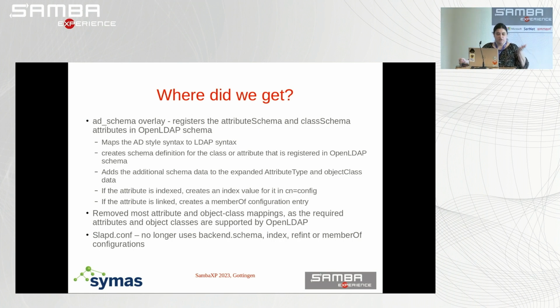It's all contained in CN=schema, so it gets it as a class object, and it creates a proper schema definition for OpenLDAP and registers it. So essentially, during provisioning, we were able to import into OpenLDAP a schema that it could use. So it no longer needed a hard-coded schema, and again, Samba 4 top became completely unnecessary.